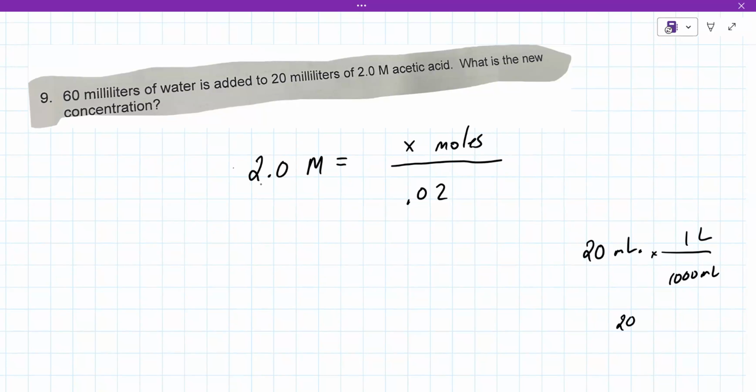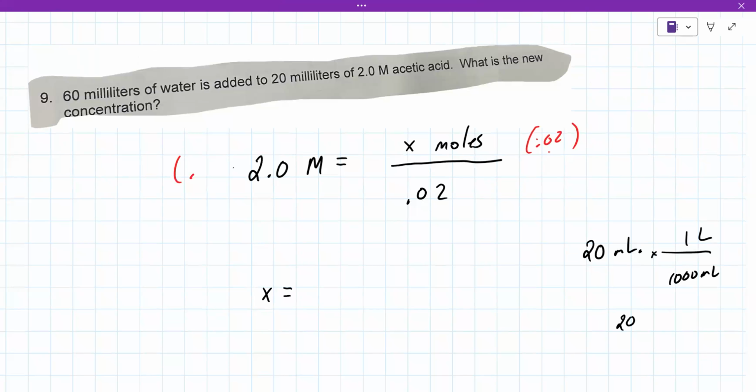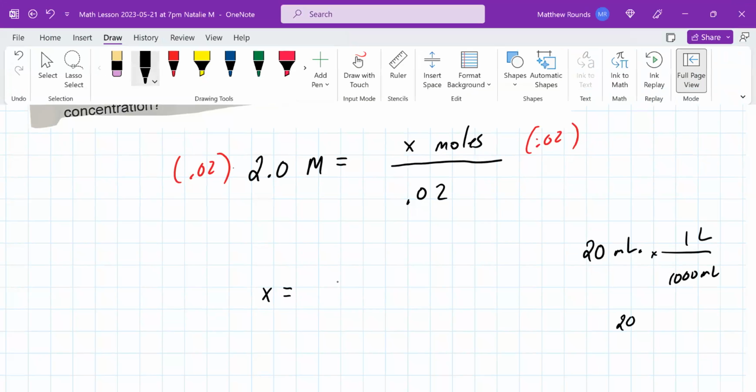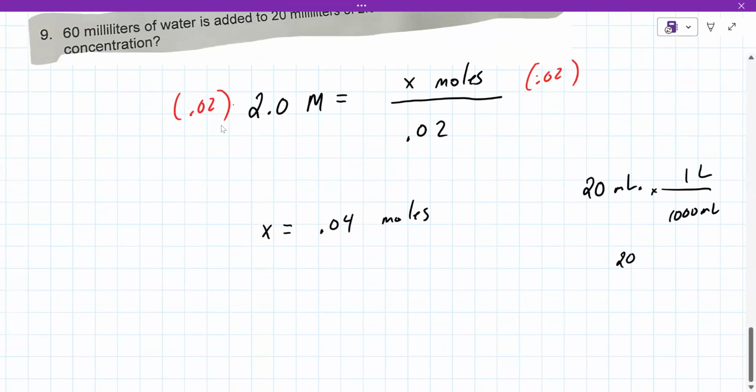So that allows you to figure out how many moles. To figure out the number of moles, you take the bottom number, 0.02, and multiply both sides by that. It should be 0.04 moles. That's not what it's asking for, but that's the intermediate step. Now we're adding water, like pouring water into a flask.